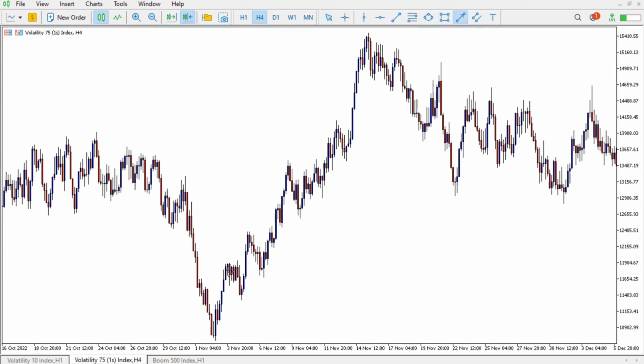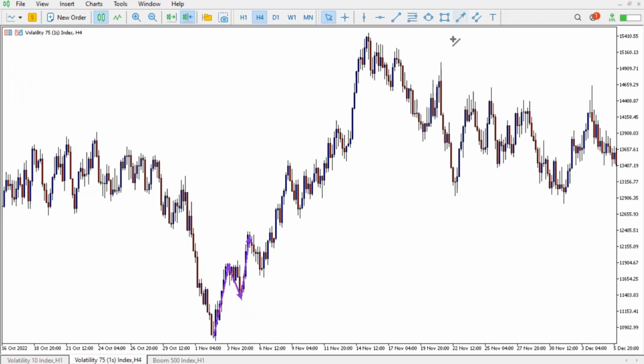The market moves from a low to a high point. Then it moves from this high to a low. This low is higher than the previous low. Then again the market moves from there to a high.